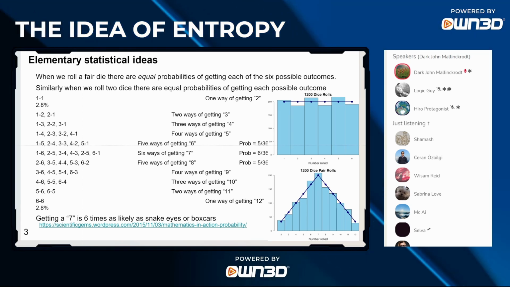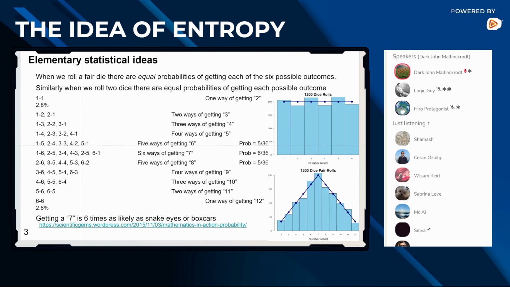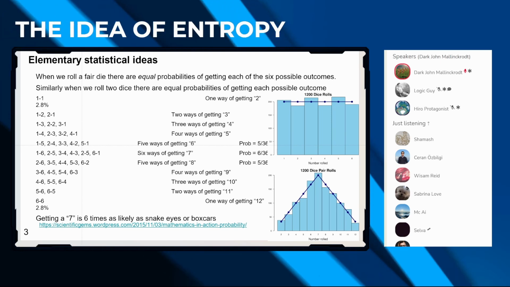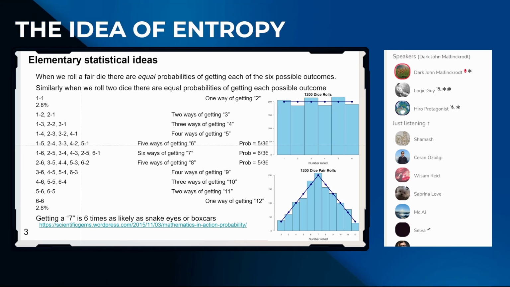None of the other outcomes have that many ways of getting them. And so you can determine the probabilities just by dividing the number of ways of getting that outcome by the total number of possible outcomes, and you get your percentages there. And that's shown in the graph at the lower right.